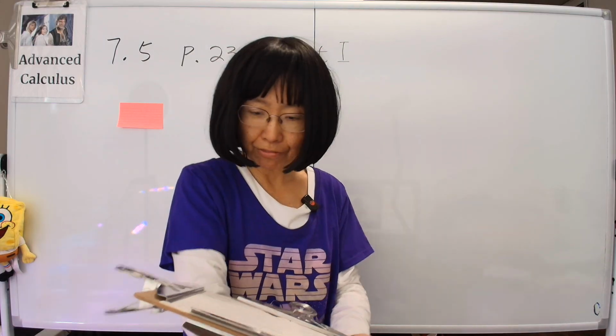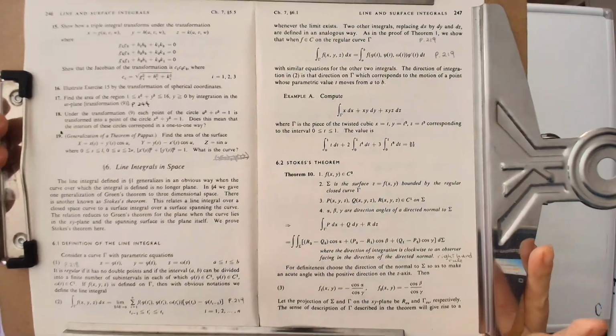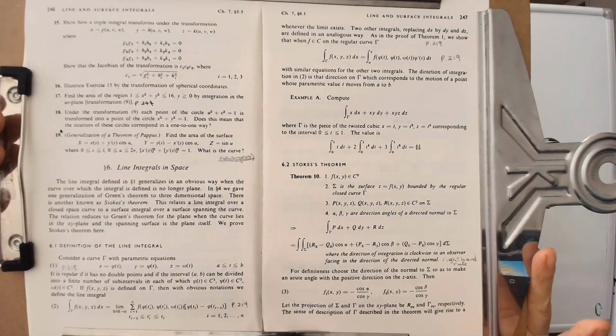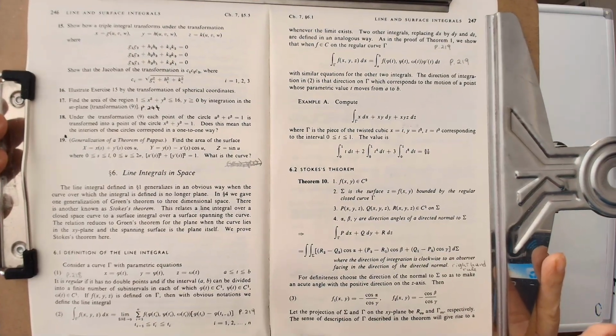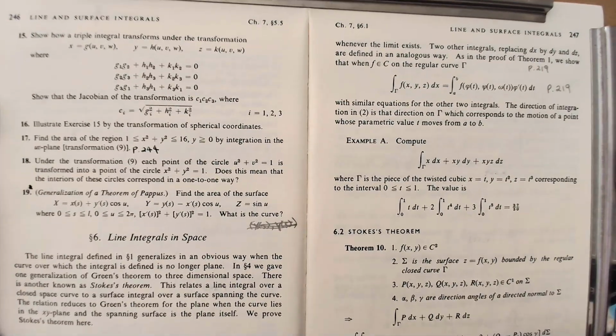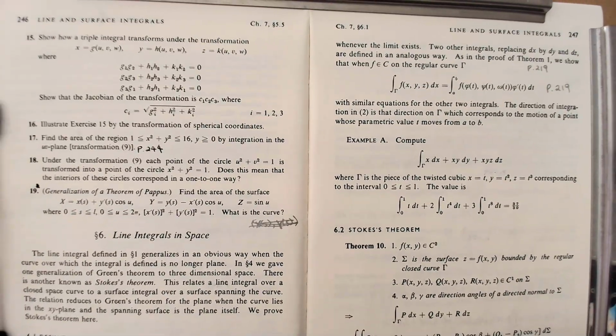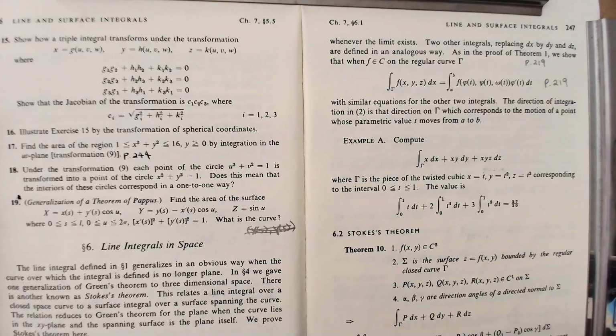Next, page 246 and 247. Okay, so that is the last page of the homework. Let's zoom in on the top a little bit. Top. Why is that side tilted?